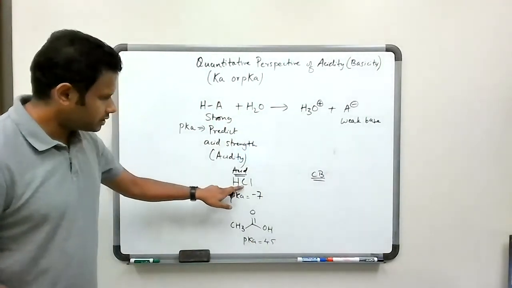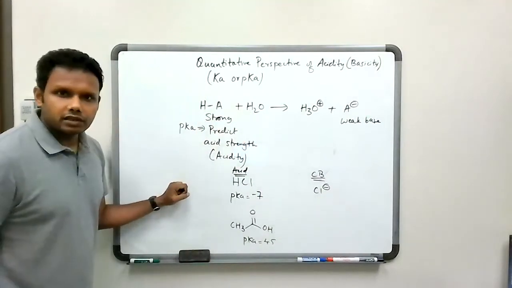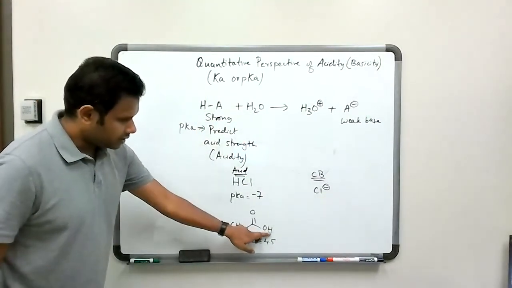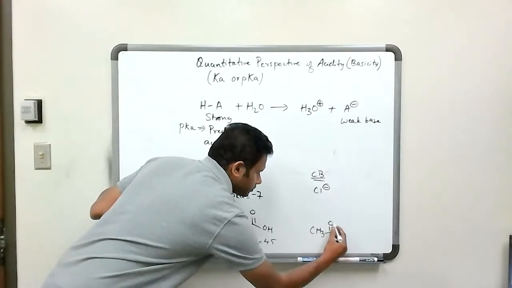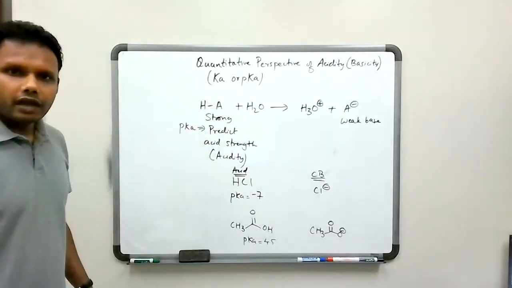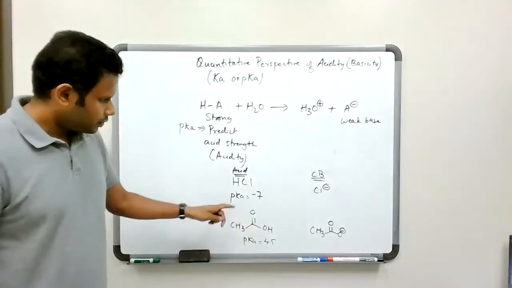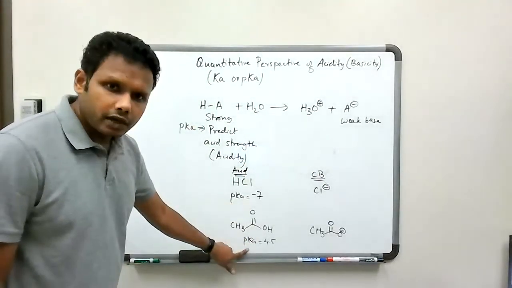So when HCl loses a proton, we will get Cl minus as the conjugate base. When acetic acid loses the proton, we will get what's called an acetate ion as the conjugate base. So HCl is a stronger acid, and acetic acid is a weaker acid.